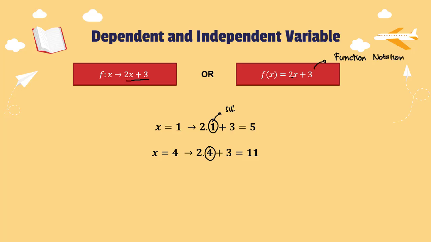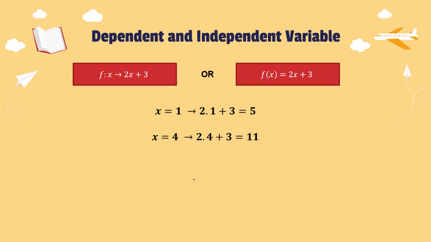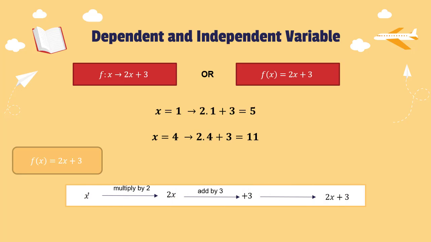So from this illustration, we can draw the flow chart. This is the input, x equal 1 and x equal 4, we call it input. So this is the flow chart for the function 2x plus 3.